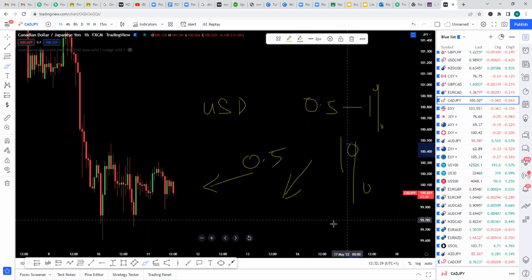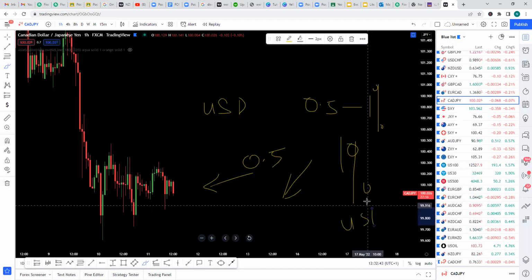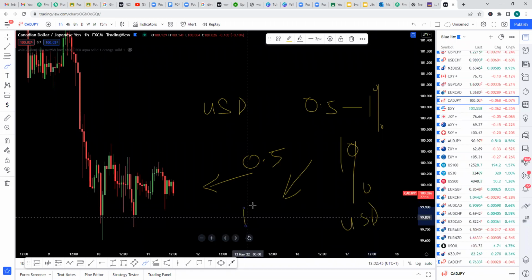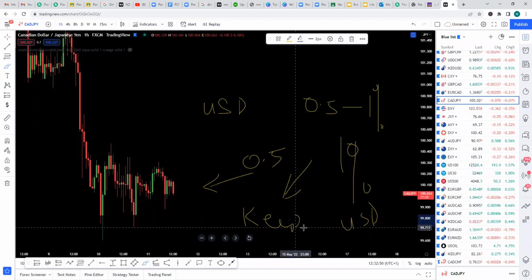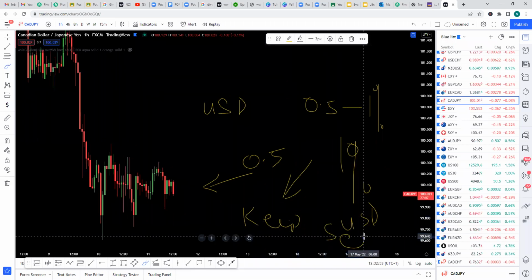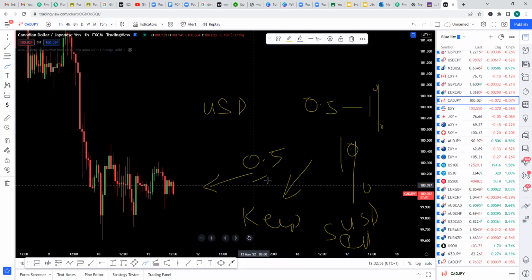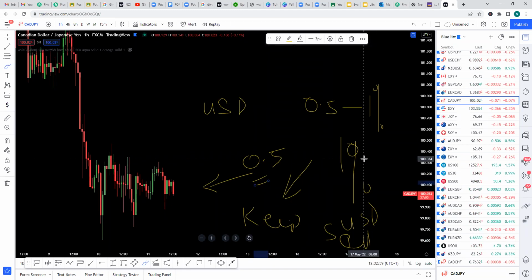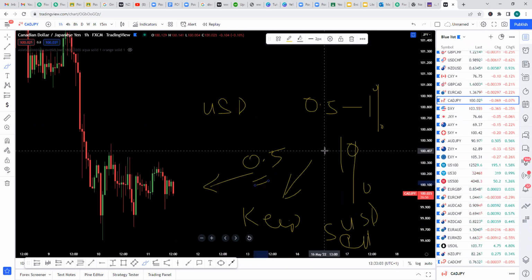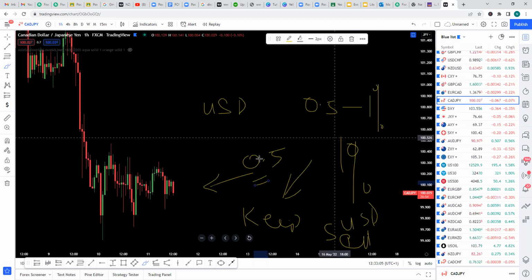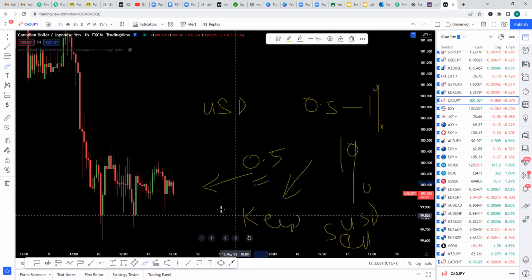Are you going to sell the US dollar that you have, or are you going to keep it? Are you going to sell or keep? You keep it, because before the rate was 0.5 and now the rate is 1%, meaning that on any deposits or any USD that you have, you are going to collect a higher return. Of course, you are going to keep it.